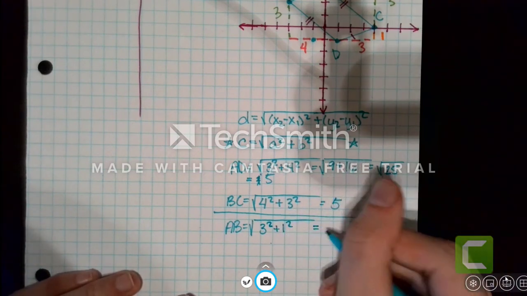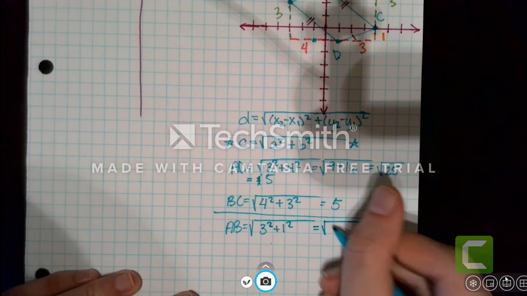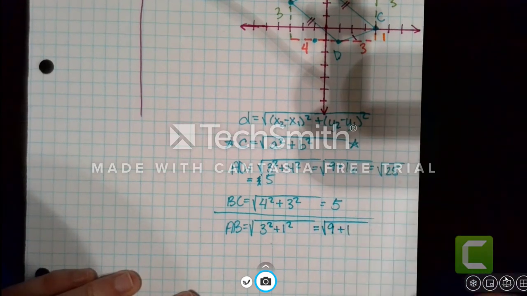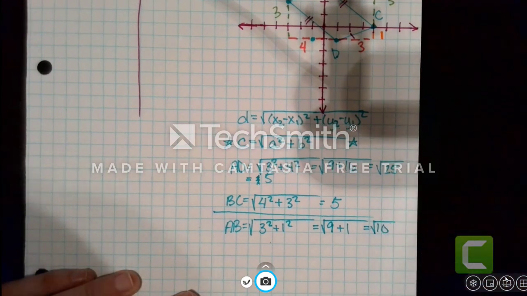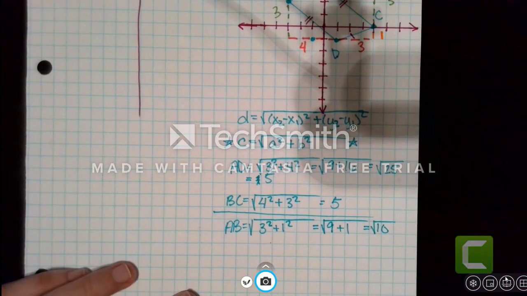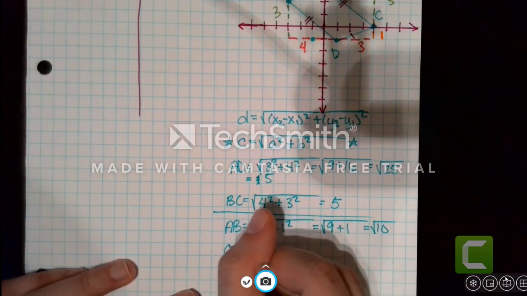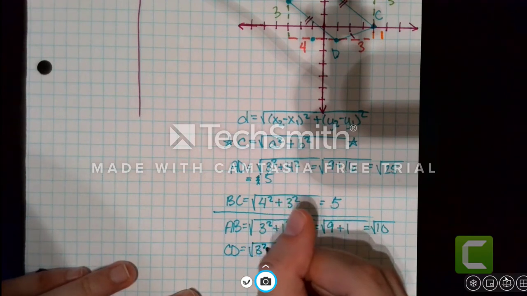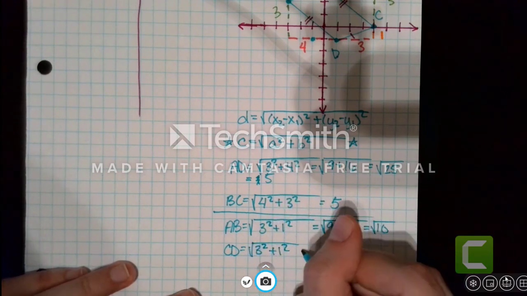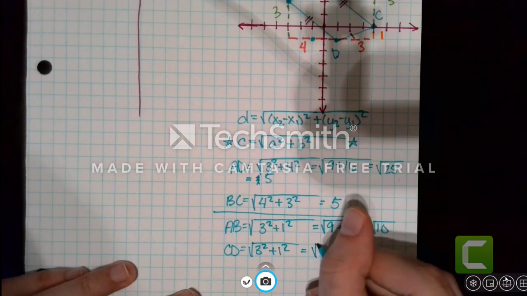And if I multiply those out, I have 9 plus 1, which means that I need to take the square root of 10 to get my distance. Now again, since the triangles were congruent for their heights and their bases, that means that CD is also equal to the square root of 3 squared plus 1 squared, which gets us an answer of the square root of 10.